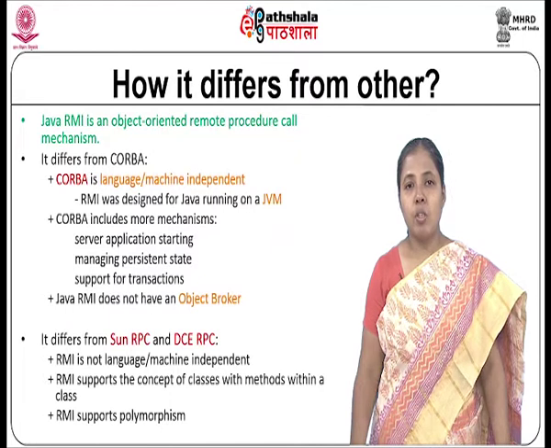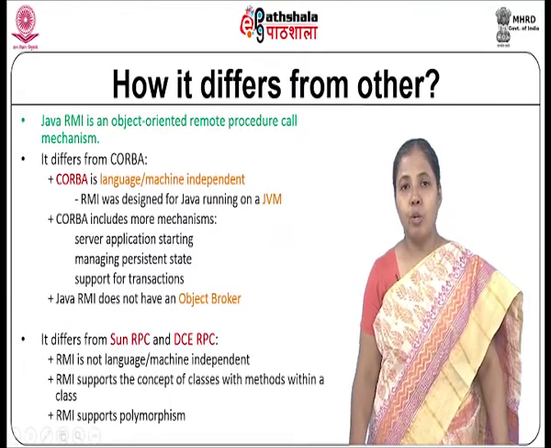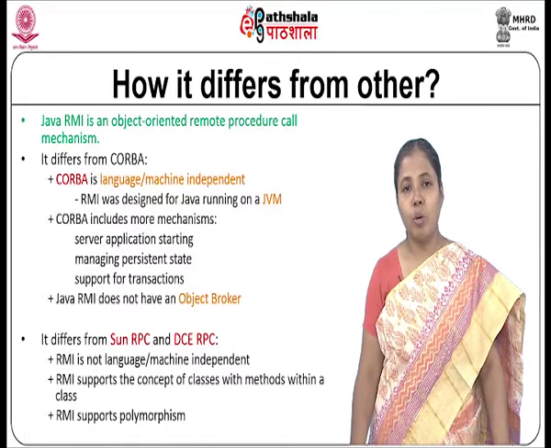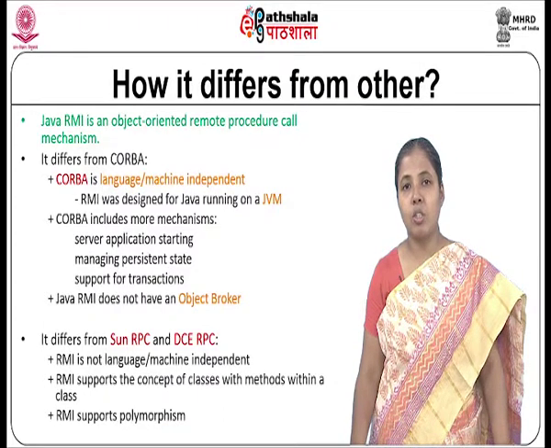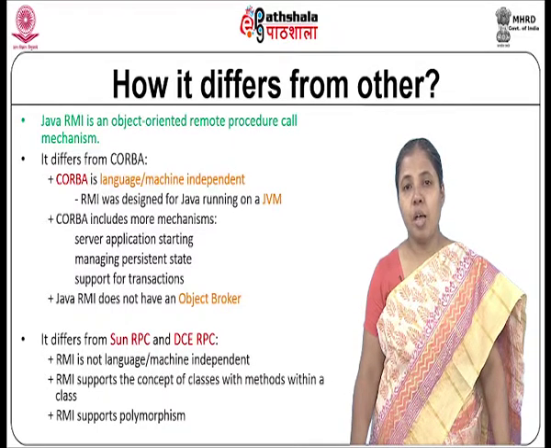Let us now see how it differs from the other mechanisms. As I told you, Java RMI is an object oriented remote procedure call mechanism, but it differs from another important, competitive technology called CORBA. CORBA is language and machine independent, whereas Java RMI is language dependent, meaning RMI has to be developed using Java.